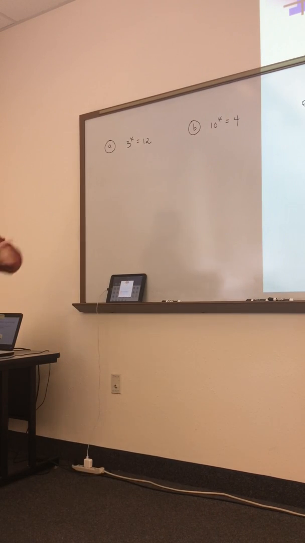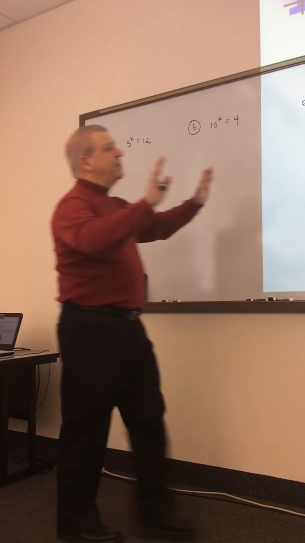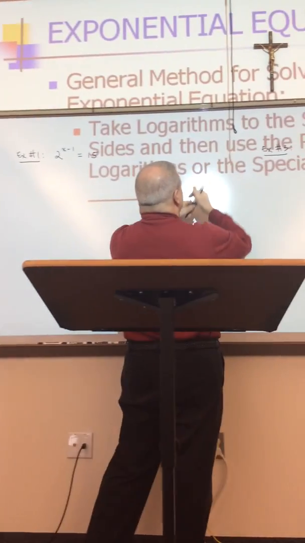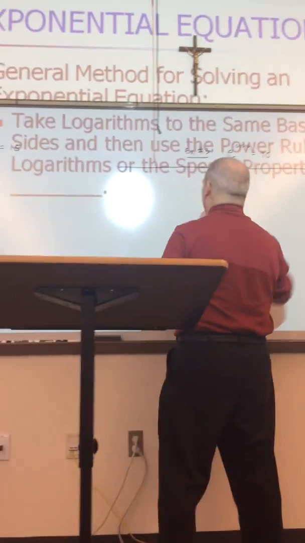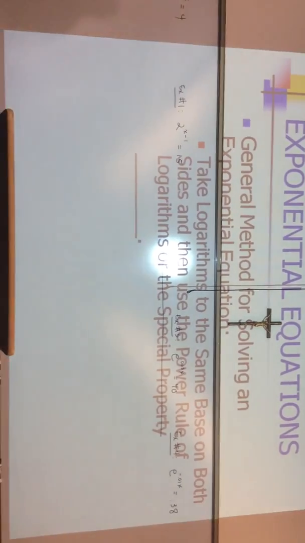So in your notebook, this is the general method for solving an exponential equation. We can't do it by getting a common base. If we could, we'd do it and we'd go right to the answer. Okay, now you need to write this down. There you go. Now, you see where this says or the special property? Don't write that down. We'll just end it right there. Go ahead, you gotta mark this down.